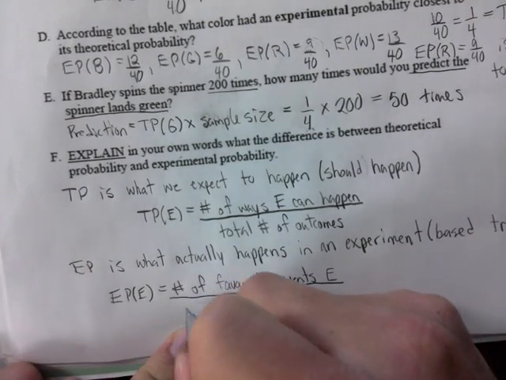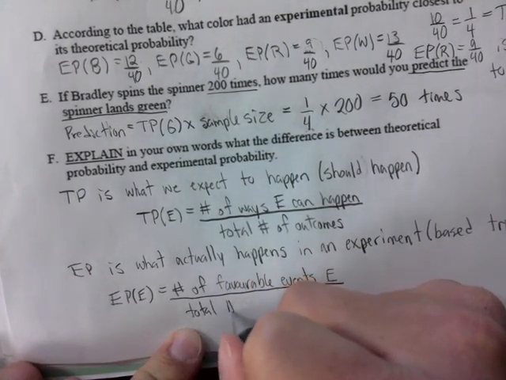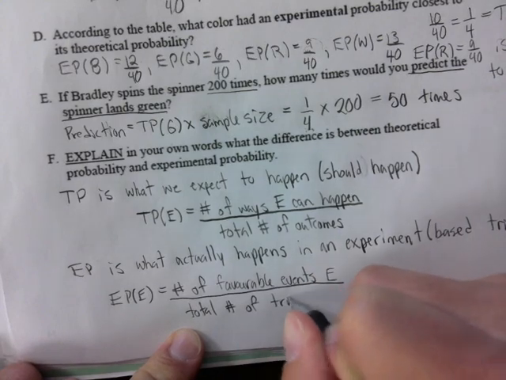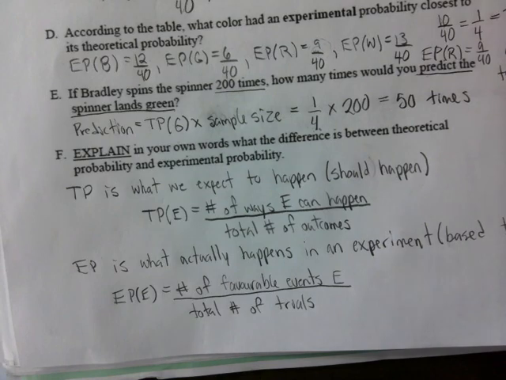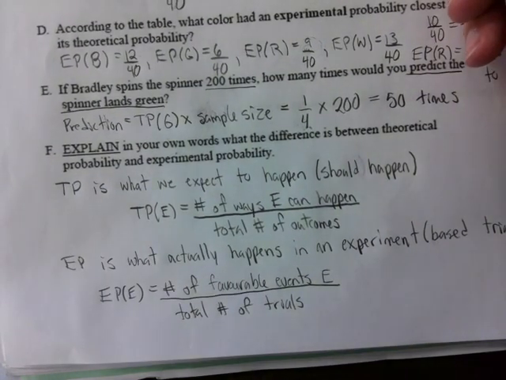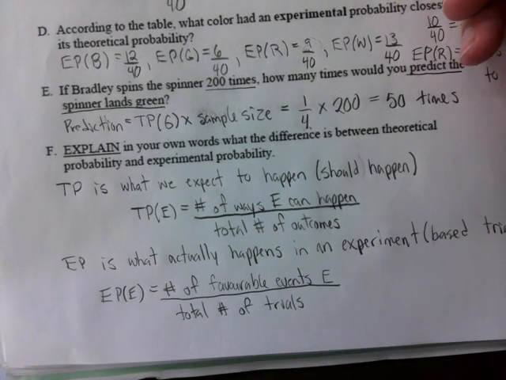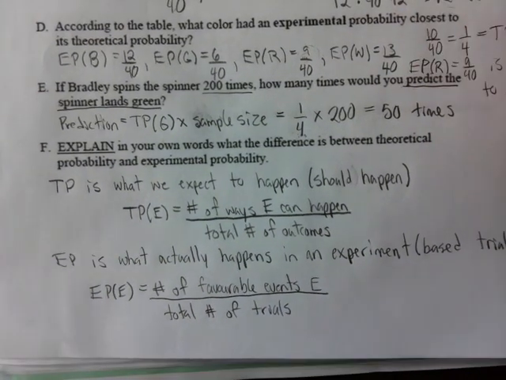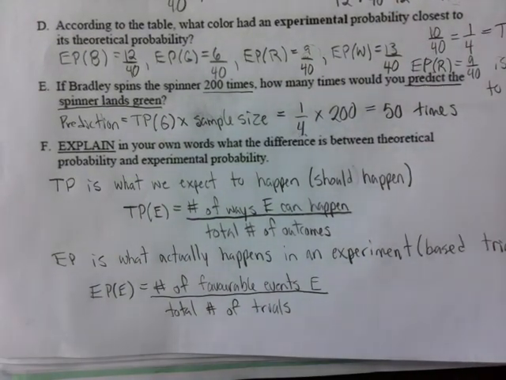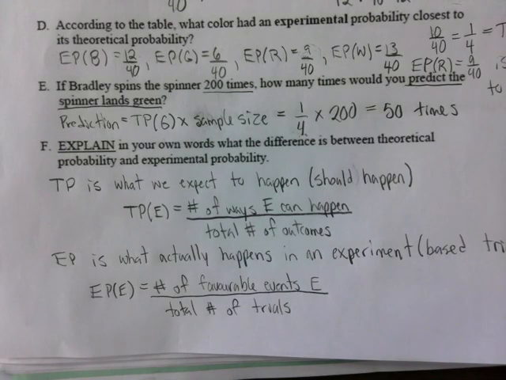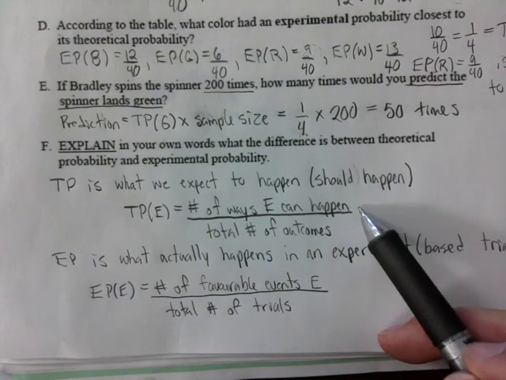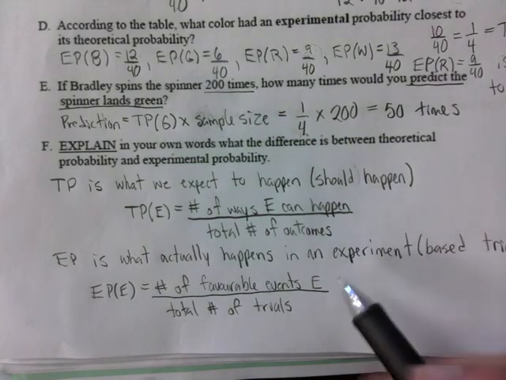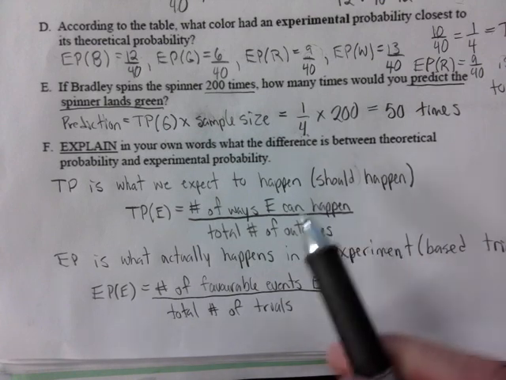In this case, our trials were how many times he was spinning the spinner. So we did 40 trials of spinning the spinner. They're similar in the way they're defined algebraically in an equation.